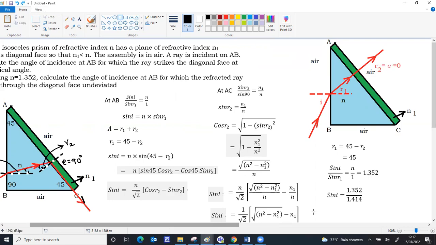So sin I will be 1.352 times sin R1, where R1 is 45 in this case. Sin 45 is 1 by root 2, that is 1.414 in the denominator. And I will be sin inverse of that particular value. That will be the angle of incidence. You can calculate this value using the ratio tables.